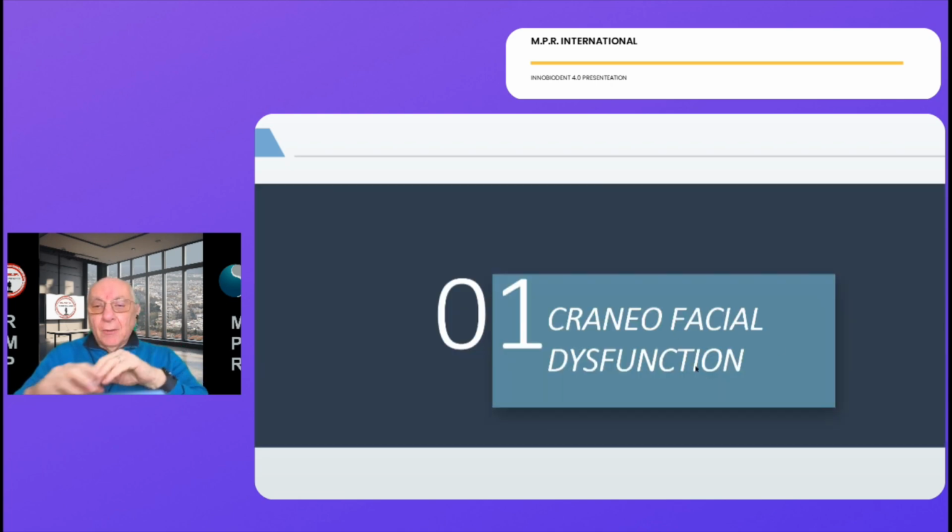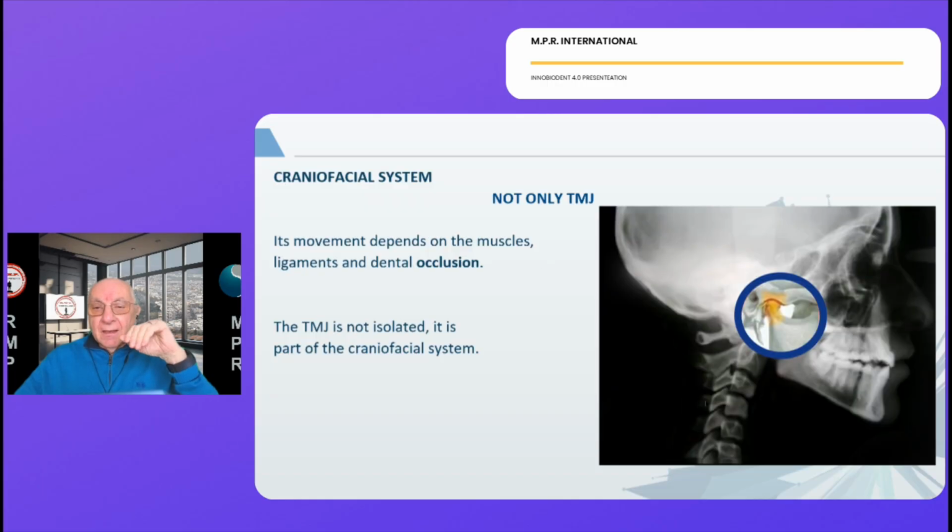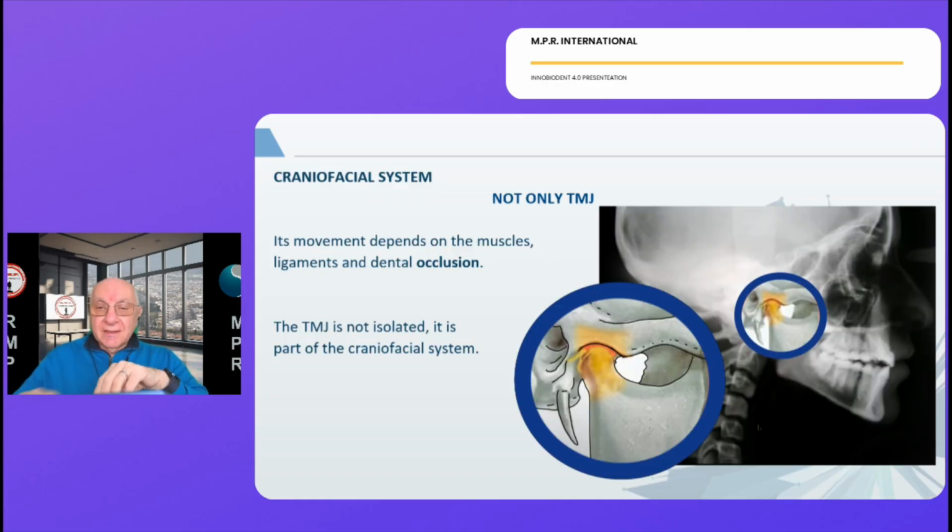We're talking about the dysfunction of the craniofacial system. This is a key because sometimes we forget that the craniofacial system is related to the rest of the body. The craniofacial system is composed of the cranium, the face, and part of the face is the stomatognathic system.